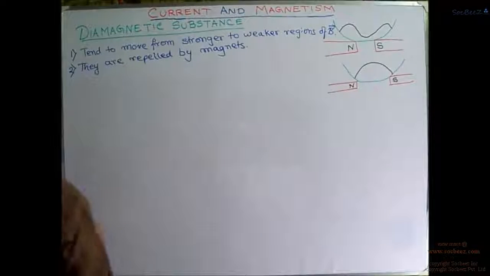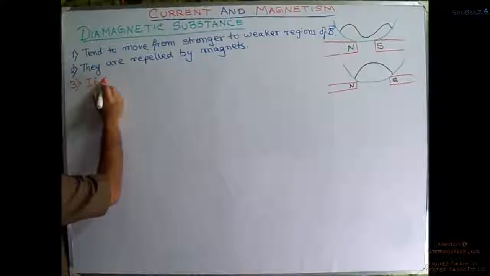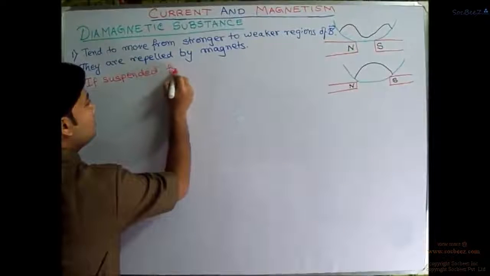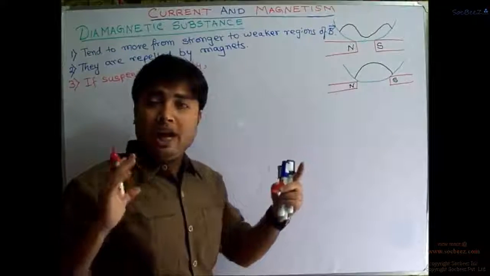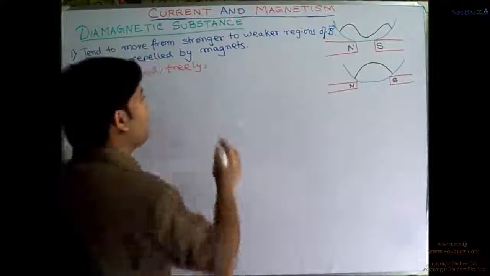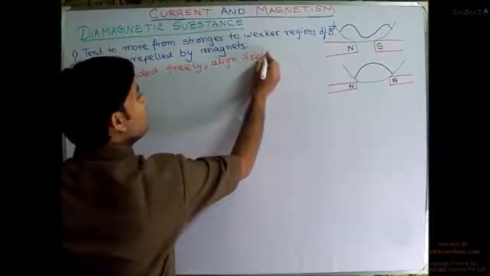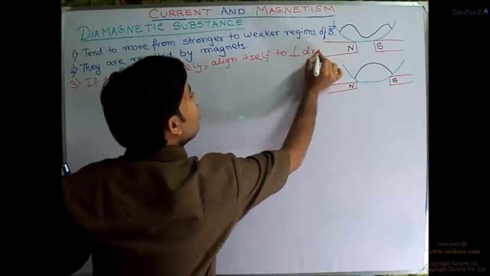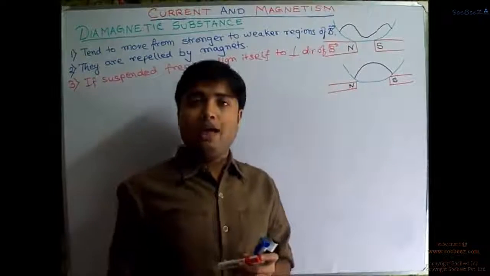So, we can state as the third point, if suspended freely, they align themselves to the direction perpendicular to the magnetic field B, right?